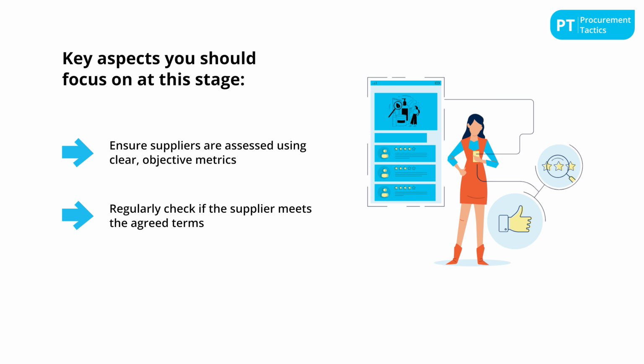Regularly check if the supplier is meeting the agreed terms. This involves evaluating the quality of their work, making sure they're on schedule, and confirming that everything is being done as promised. Both regular structured but also informal communication must be organized to track progress.